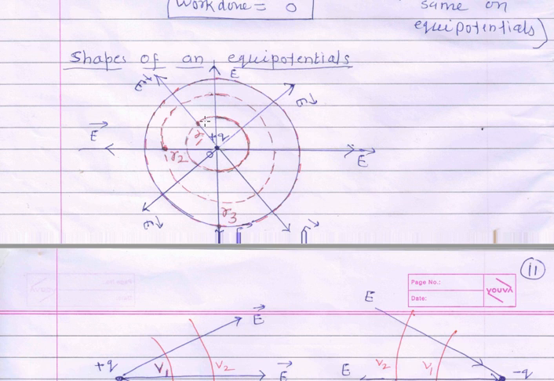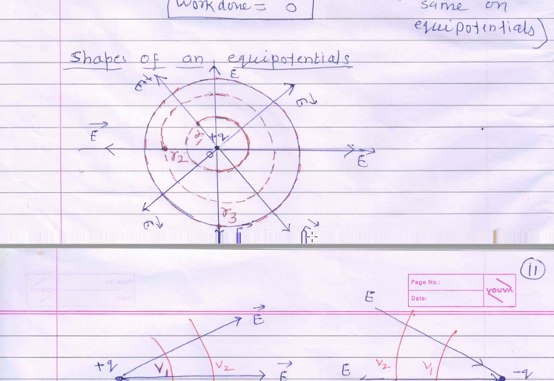No. If the radius increases to r2, I can find out the potential at a distance r2. The formula is there. So at every point at distance r2 from the point O, the potential will be the same. So if you draw this circle of radius r2, at every point the potential is the same.